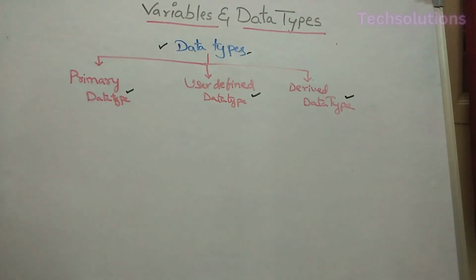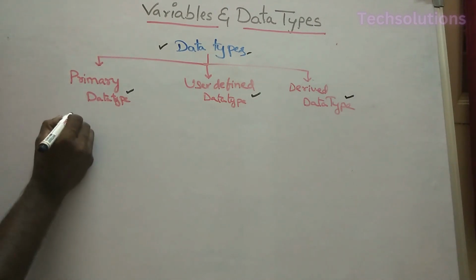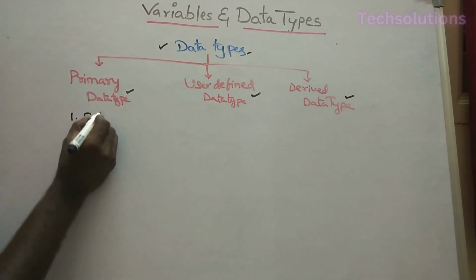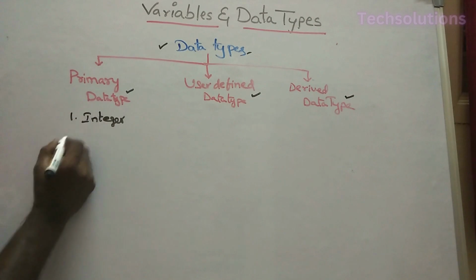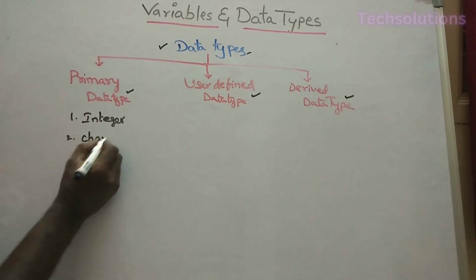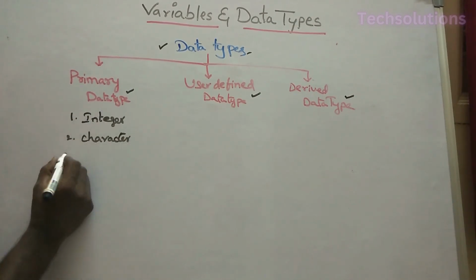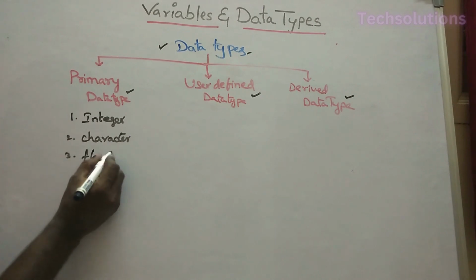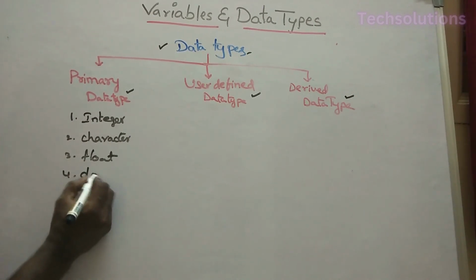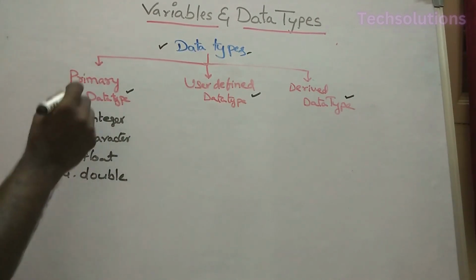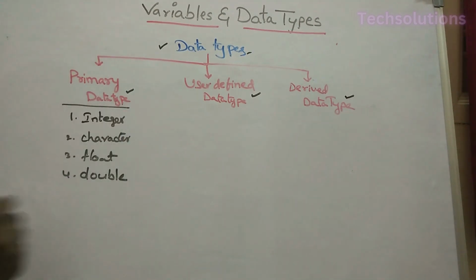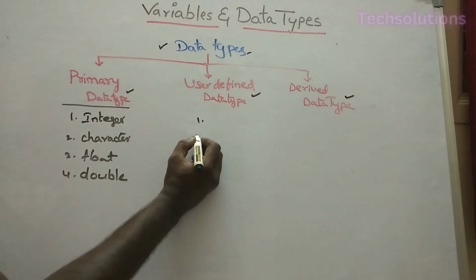Now, the primary data types are integer, character, float, and double. These are all the primary data types. And what are the user defined data types?